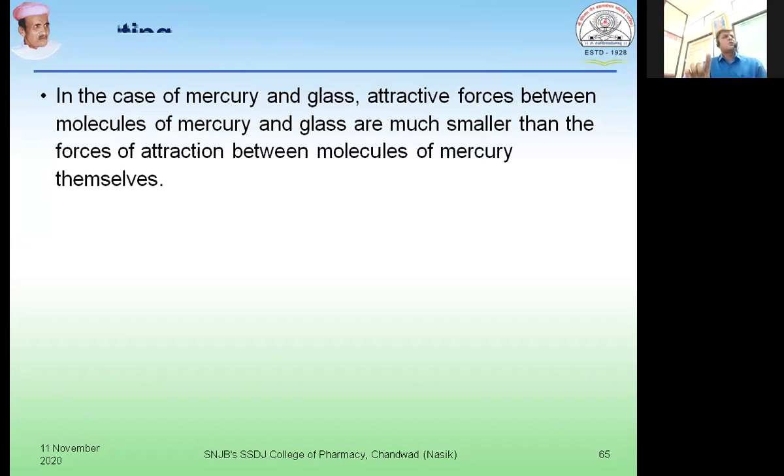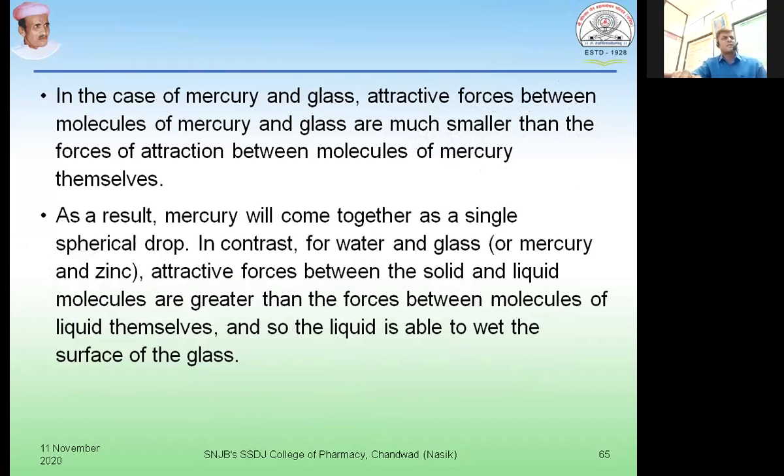You must have observed this: it doesn't stick to the surface of the glass. This happens because the cohesive forces of attraction between the mercury molecules are greater as compared to the adhesive forces of attraction the mercury molecule can develop with the molecules of the glass.